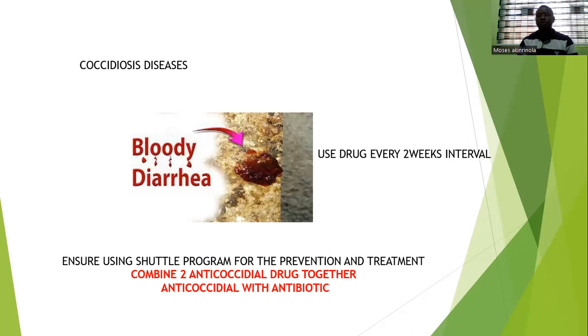Based on my experience, I advise people that every two weeks, ensure you repeat anticoccidial drugs for your birds, especially people who are keeping layers, pullets that want to become layers, and broilers. Broilers used to come down with coccidiosis infection.